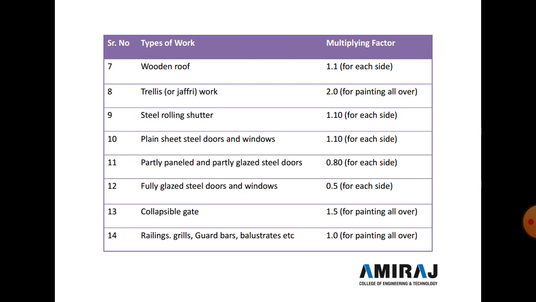Partially panelled and partially glazed steel door is 0.8 for each side, and fully glazed steel door and window is 0.5 for each side. Collapsible gate is 1.5 for painting all over, and railing, grill, guard bars and balustrade have a multiplying factor of 1.0 for painting overall.